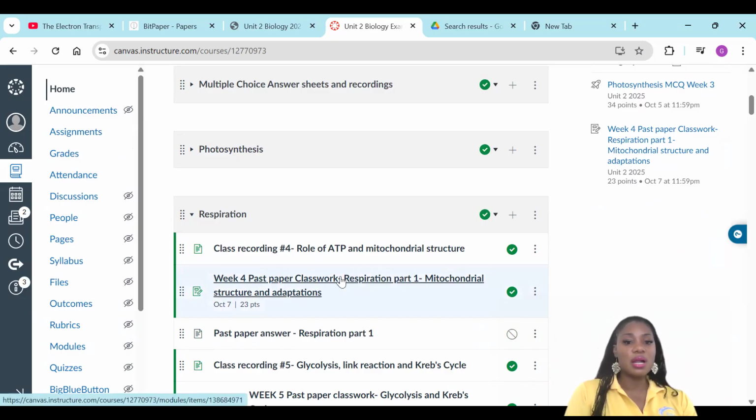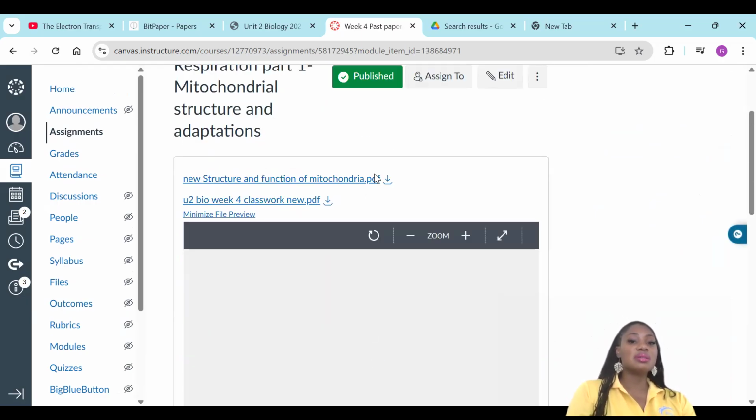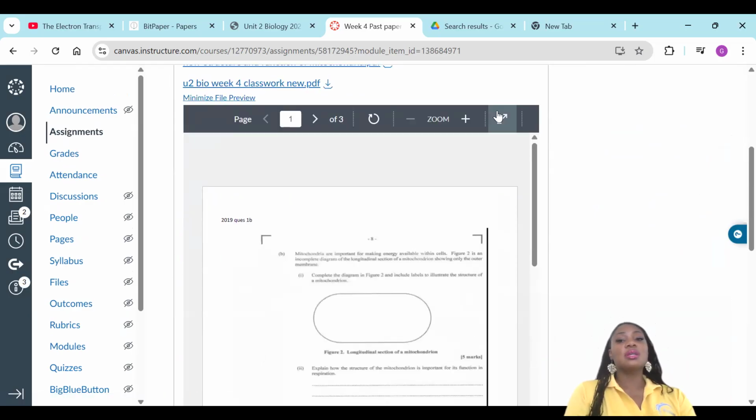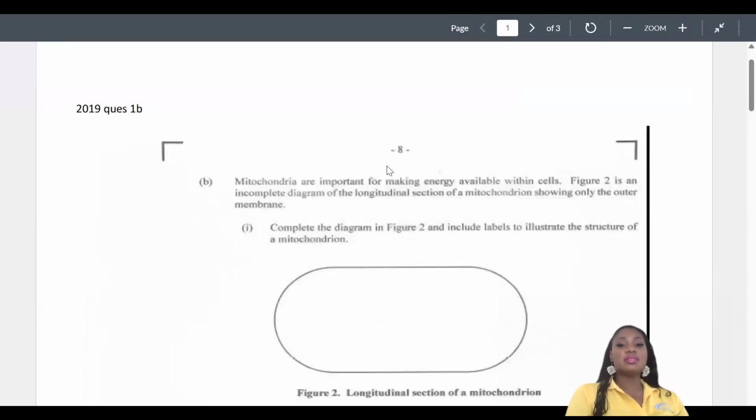All right, so we are looking at respiration part 1, week 4. So there is a handout that talks about the structure and function of the mitochondria. So you can read that handout for further reading. But here are the questions. This 2019 question says that the mitochondria are important for making energy available within cells.